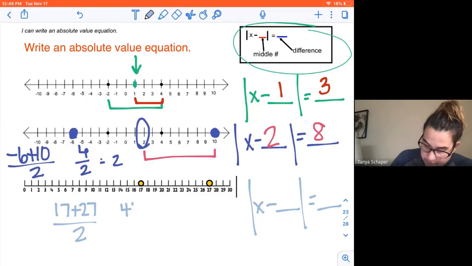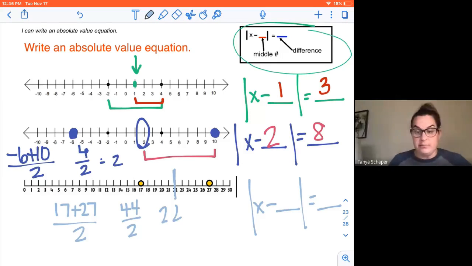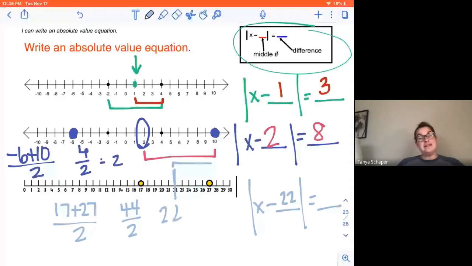So 44 divided by 2 is 22. So 22 is my middle number. So x minus 22 is, and the difference between 22 and 27 is 5. And that's how you write an absolute value equation.